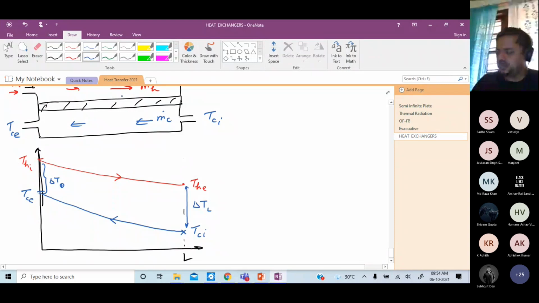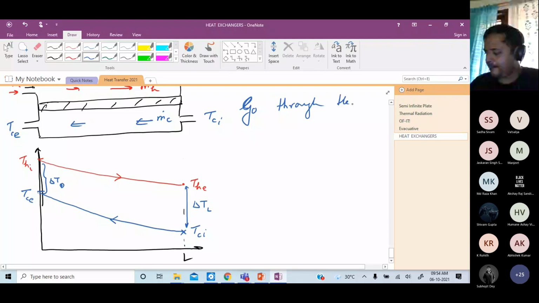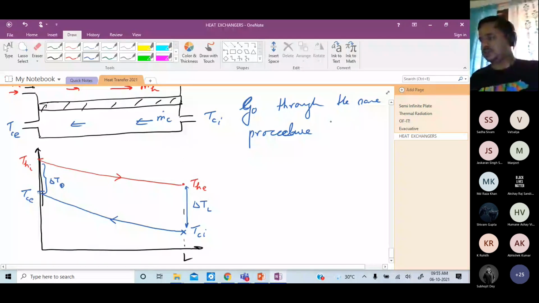So if you now go through the same procedure, except there will be a little bit of plus and minus sign, but you know this.